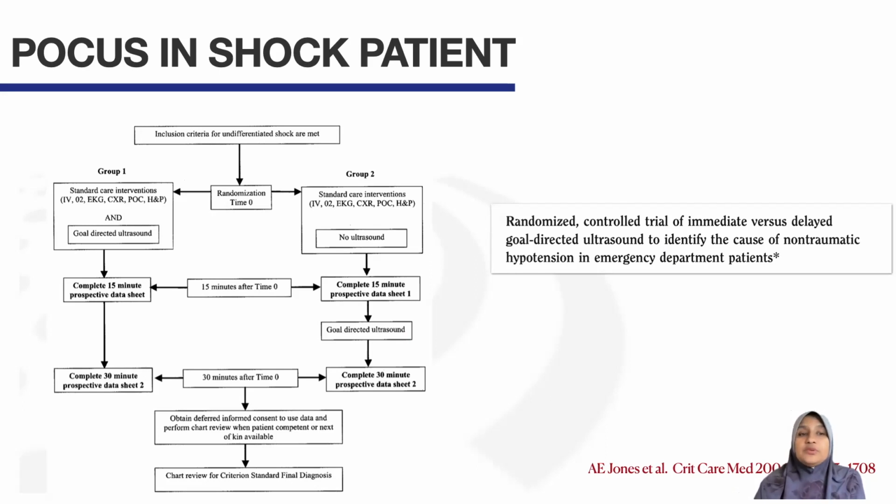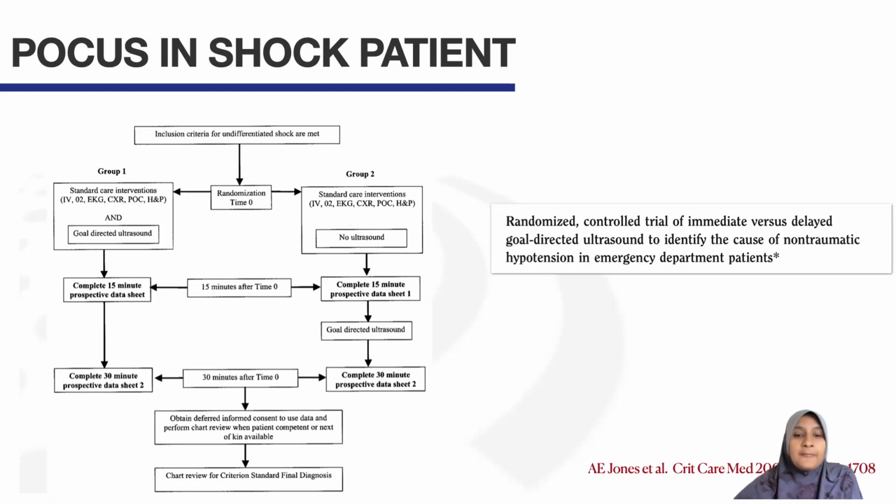Group 1 patients will have an ultrasound early on in the management of that patient, and group 2 patients will only have ultrasound 15 minutes after assessment or initial intervention.